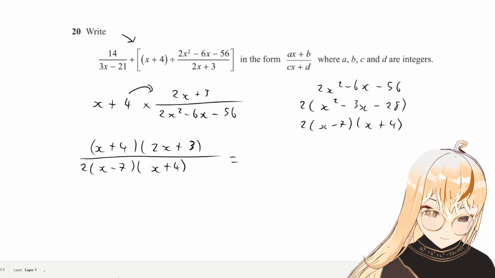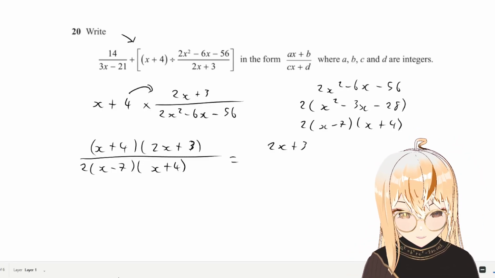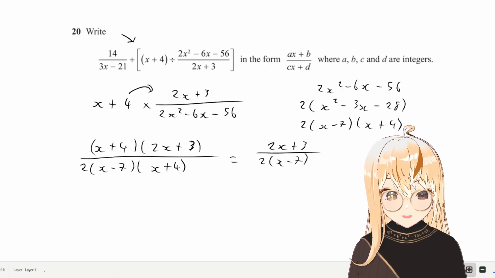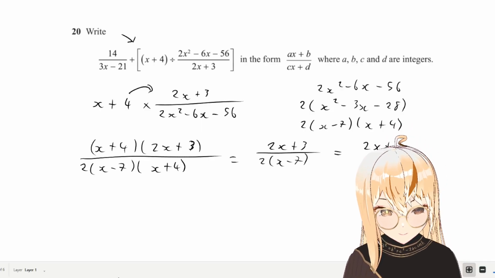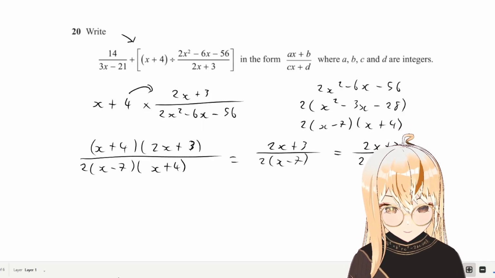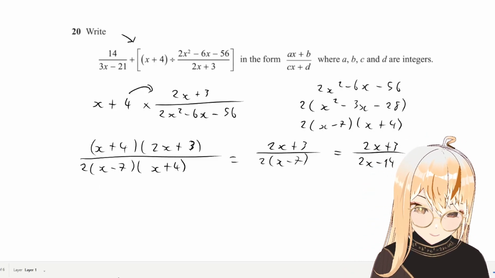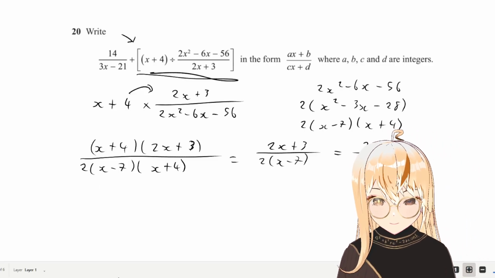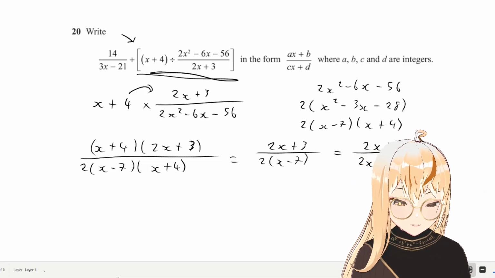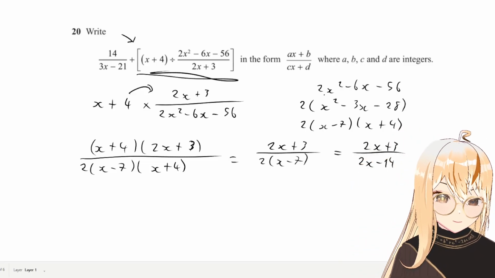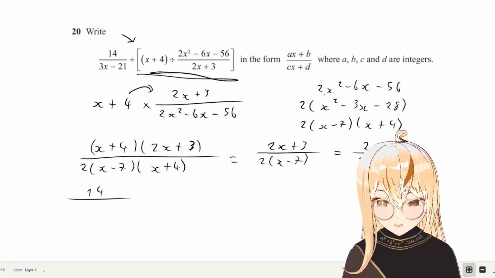So we're going to cancel them out: (2x + 3) over 2(x - 7). Now it's looking a lot more manageable. Let me just multiply out the denominator, so we got 2x - 14. So you see how we've taken all of this and condensed it down into (2x + 3) over (2x - 14). That's crazy. It's definitely a lot more manageable.